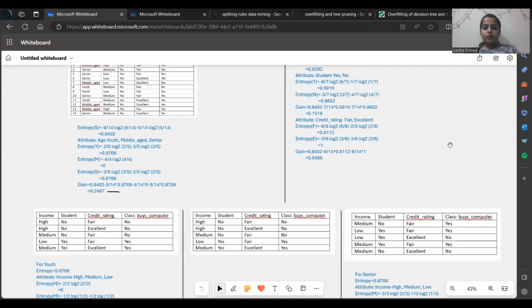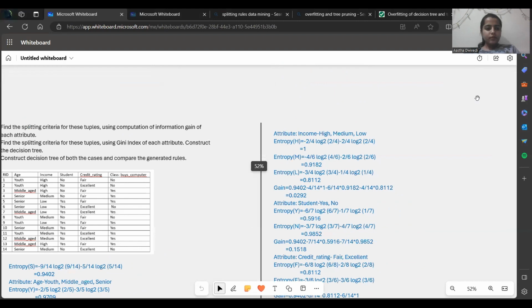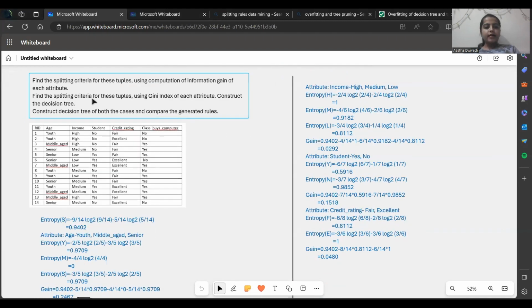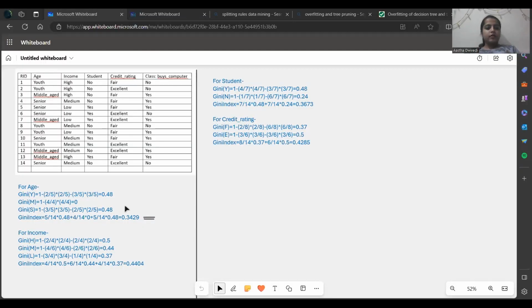Now the next question was: find the splitting criteria for these tuples using the Gini index of each attribute, and construct the decision tree. So this is the solution for Gini index. Here we will calculate the Gini of each attribute: age, income, student, and credit rating.